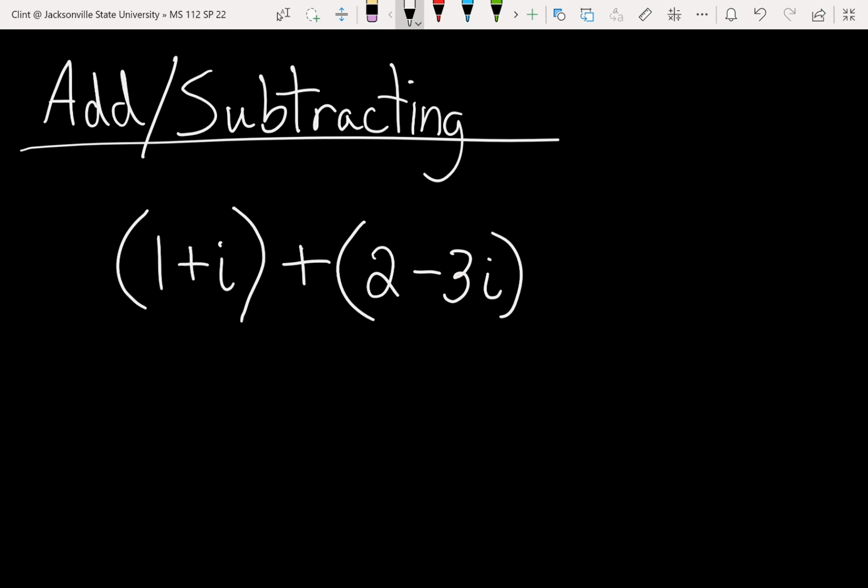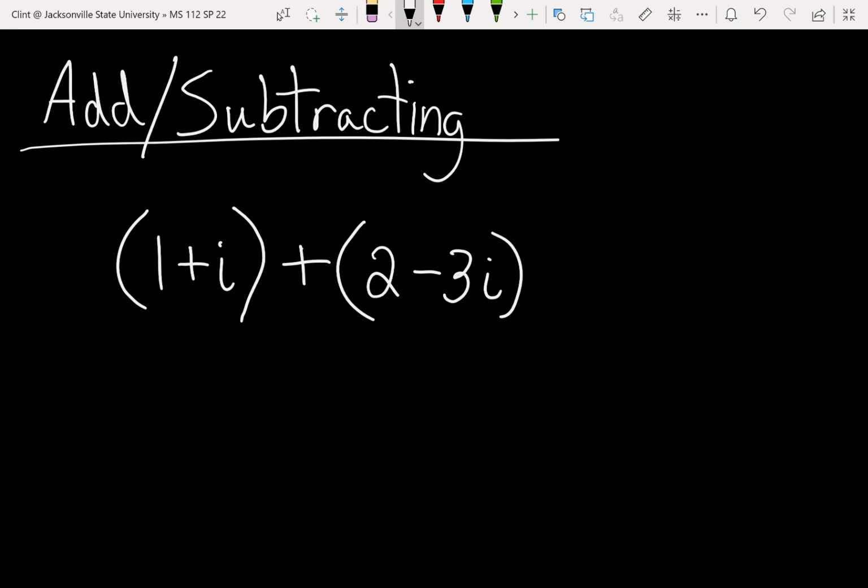If you've done this before, this is super boring, I'm sorry. We want to add these together. Turns out it's really easy. All we have to do is we add the real parts together. We add the imaginary parts together. And when you do that, really, this works out just like an algebraic expression.